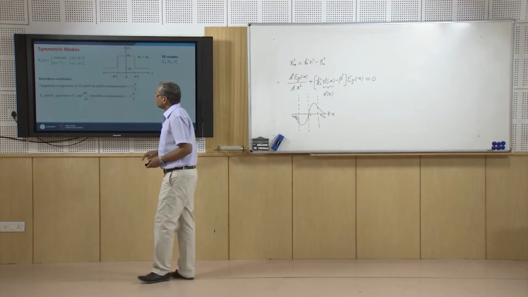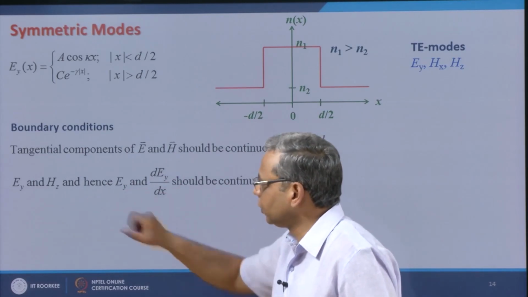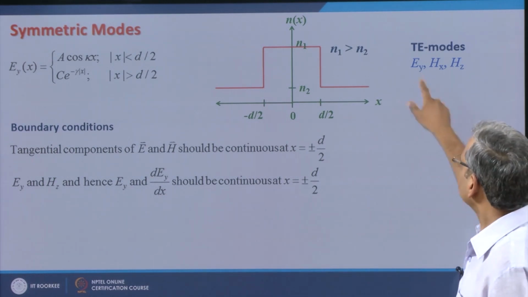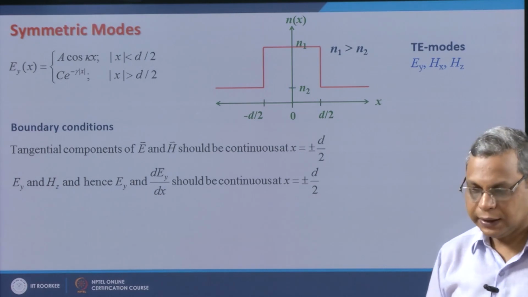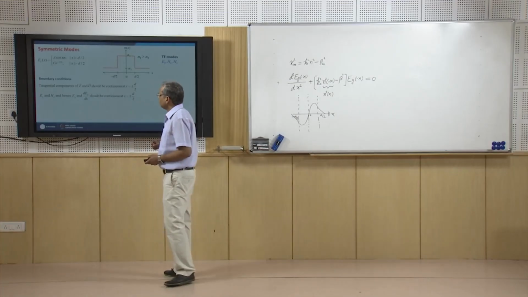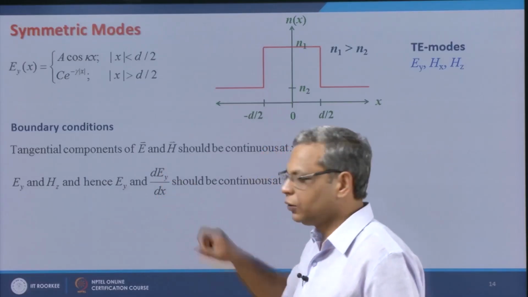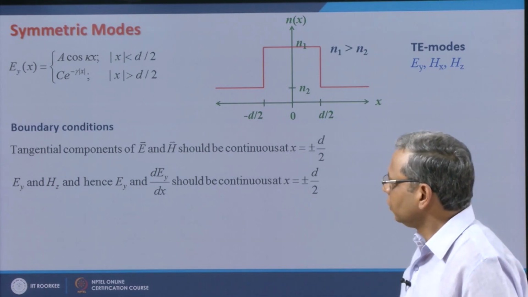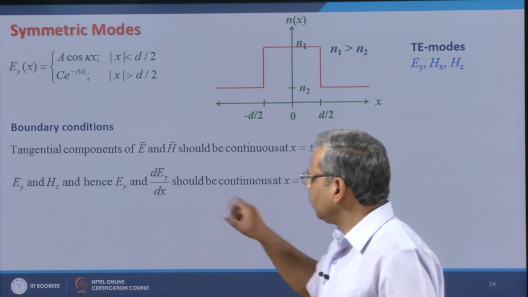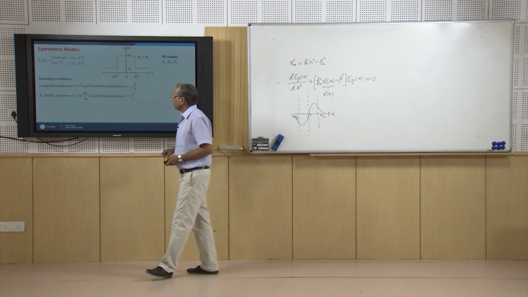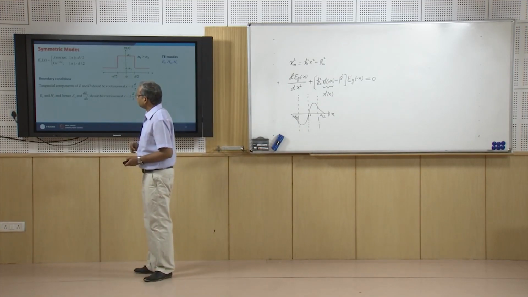So, these Ey and Hz should be continuous, and if you look back to the three equations which relate these three components of E and H, then I find that Hz is nothing but some constant times dEy over dx. So, Ey and dEy over dx should be continuous at x equal to plus minus d by 2. Let me apply these boundary conditions.